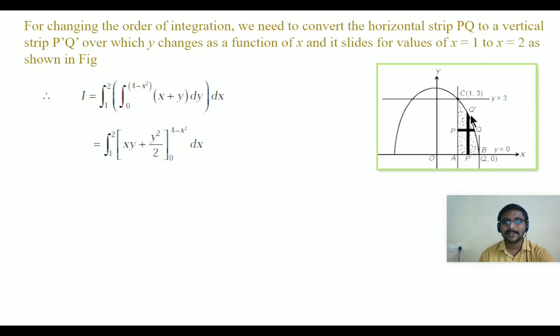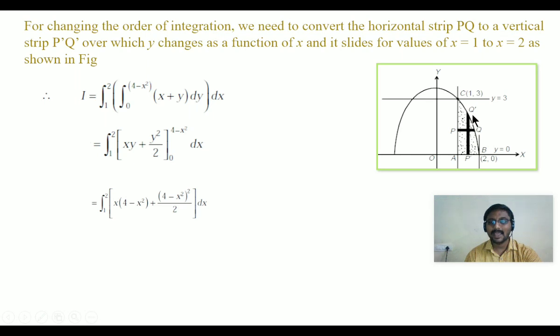What is the curve here? The curve y equal to 4 minus x square is the parabola. So the y limits are 0 to 4 minus x square.